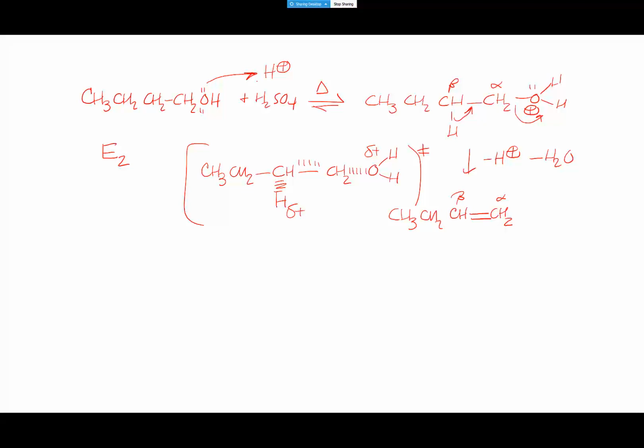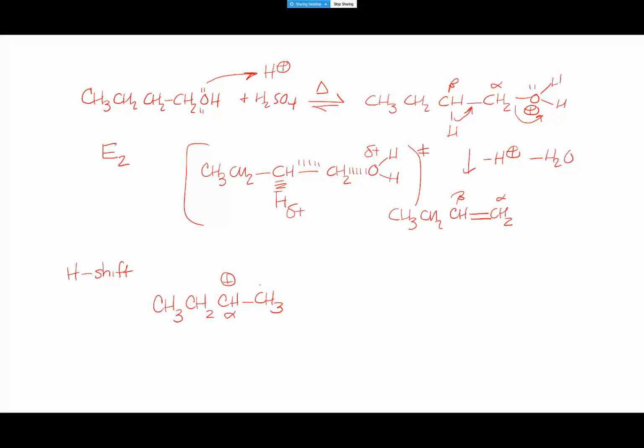So if I did the hydrogen shift on this, I would end up with this carbocation. Then the mechanism would change because now it's going through a carbocation, so now it's E1.